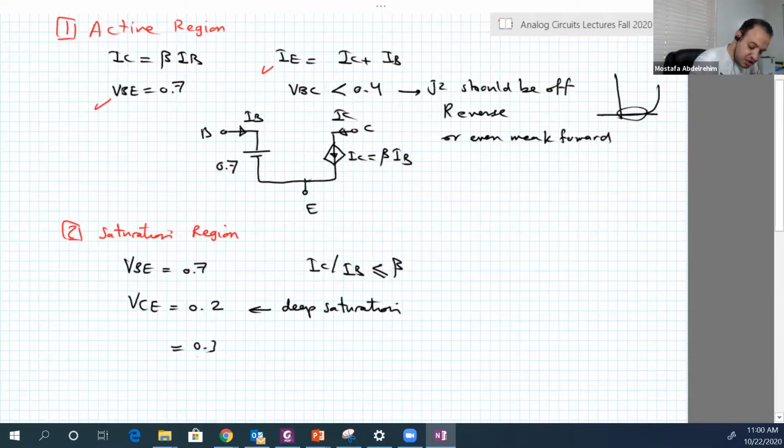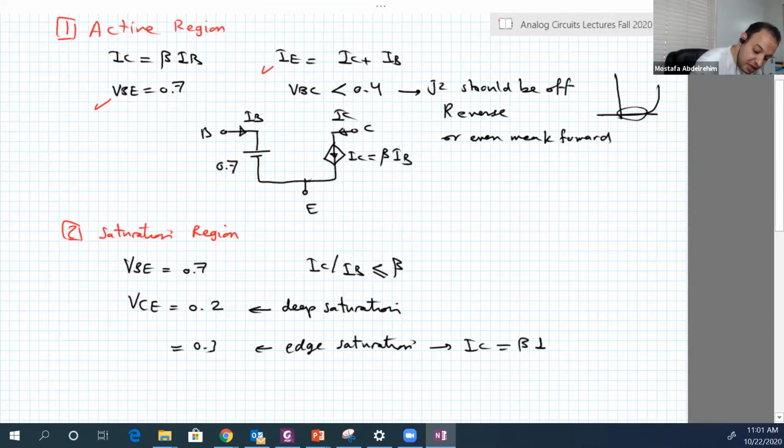Sometimes it is assumed 0.3, and in that case it's edge saturation. In that case IC will be equal to beta IB still. This will be mentioned in the question, so don't worry about what number we should assume.